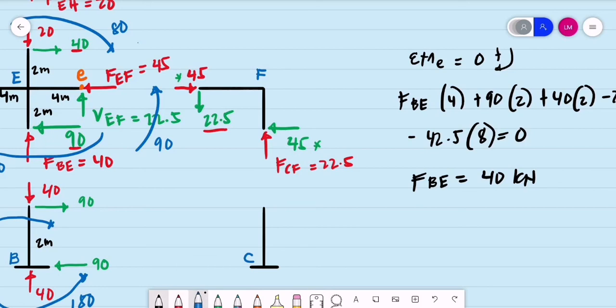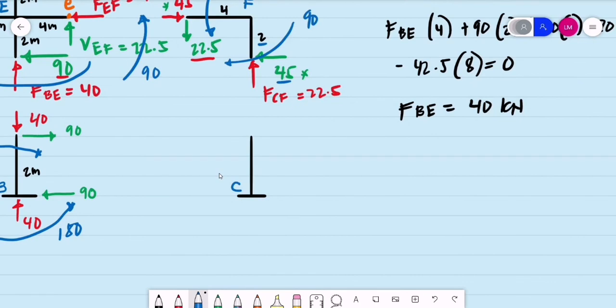Then for the moments, this distance is 4 meters. This is 2 meters. So that is 22.5 times 4. We have that from joint E as 90. Then 45 kilonewtons times 2 is the same as 90 kilonewton meter.